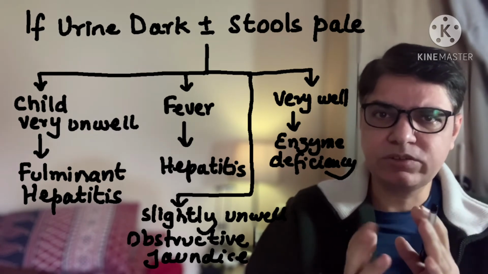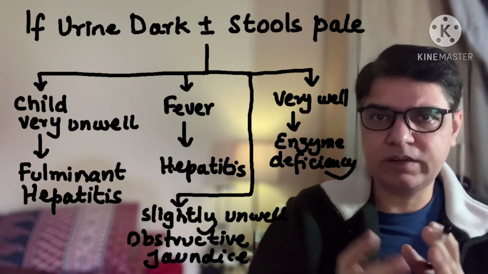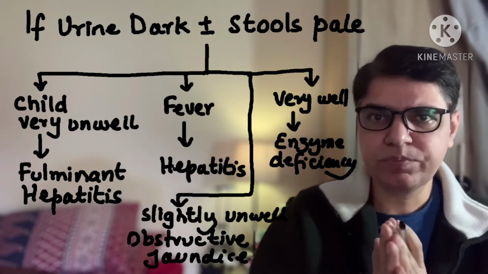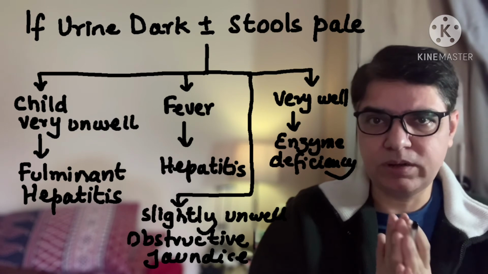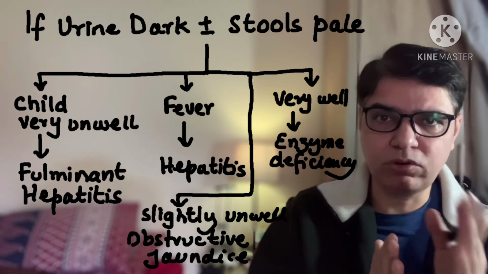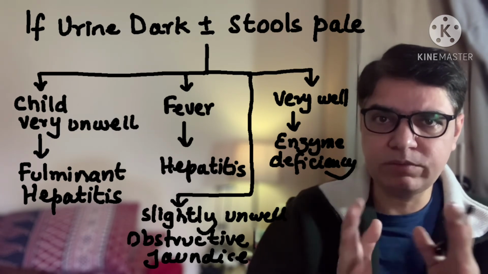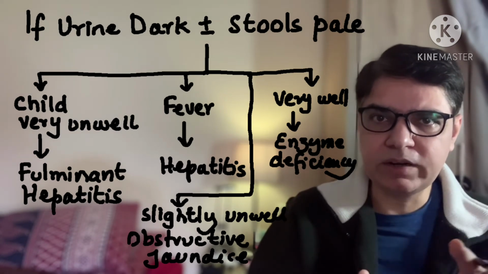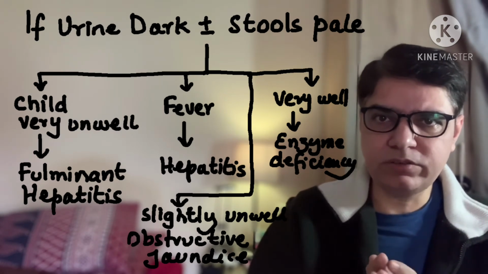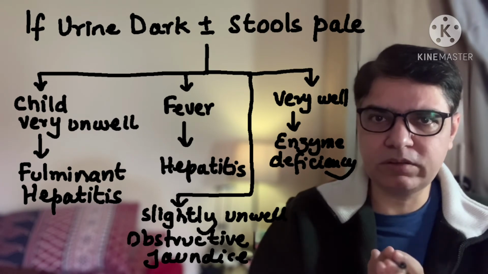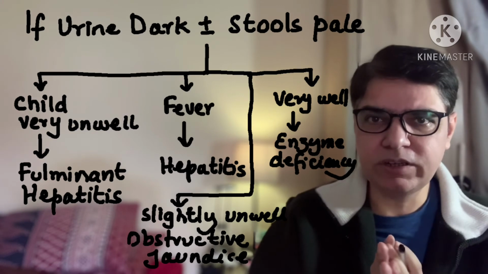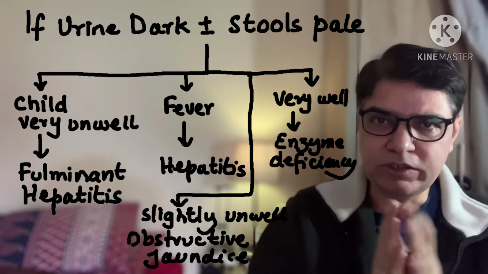Similarly, if somebody has consumed a lot of toxic mushrooms, that can give rise to fulminant hepatitis. Or sometimes Reye syndrome. Reye syndrome is thought to be caused by aspirin, but we have seen that it's not exclusive to aspirin. Sometimes a viral condition can simply trigger Reye syndrome. So there will be acute hepatitis and encephalitis, and that's a very grave condition with a very high mortality rate. So keep those conditions in mind.